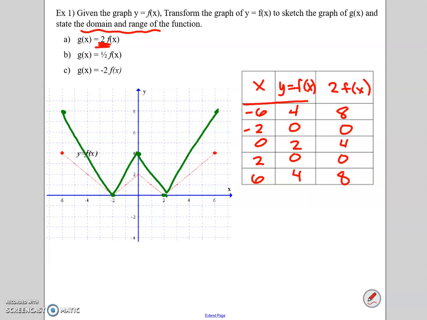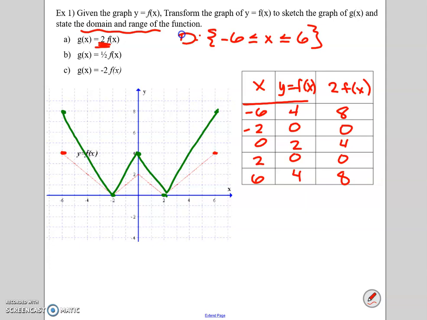I'm going to show domain and range of the original function in red here because it's a red graph. So the domain of the red graph goes all the way from -6 to +6, because that's my x-axis values. So I would say that -6 is the smallest, +6 is the biggest, and all the x's are in between -6 and +6. And then you open your signs toward the bigger value.